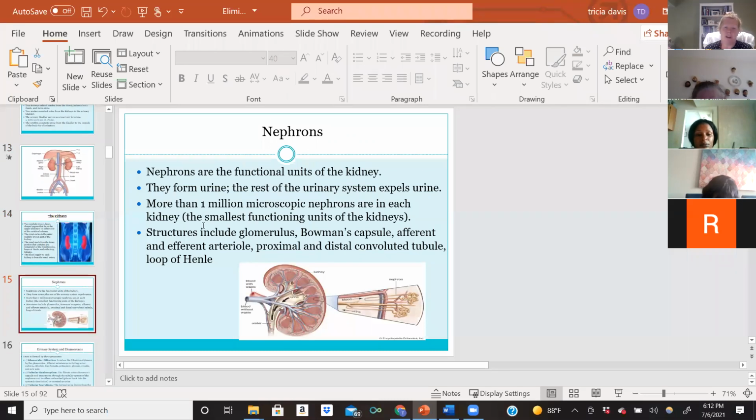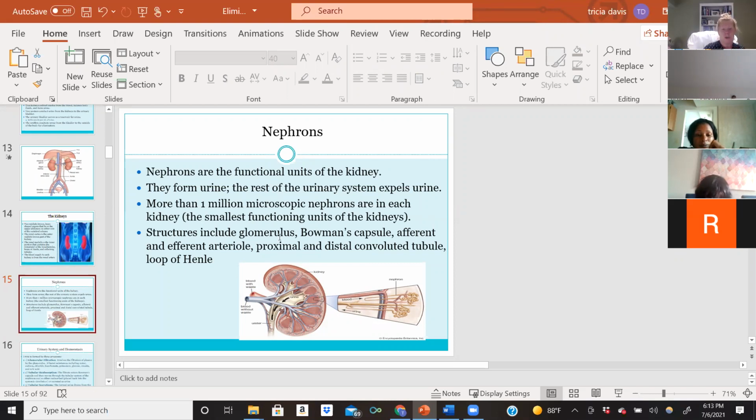Each kidney has nephrons. Our nephrons are what we consider the functional units of the kidney. They help form the urine, and then the rest of the urinary system works to expel the urine. Each kidney has more than 1 million microscopic nephrons. They are considered the smallest functioning unit of the kidneys.